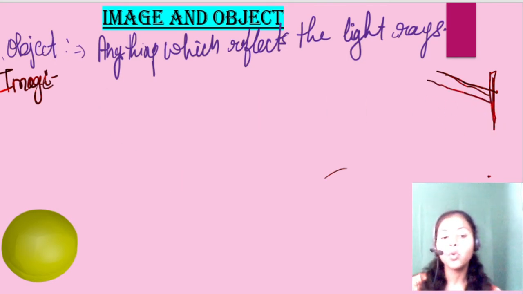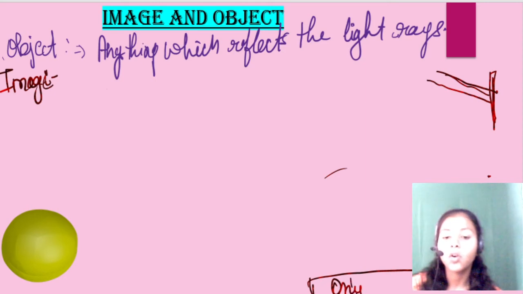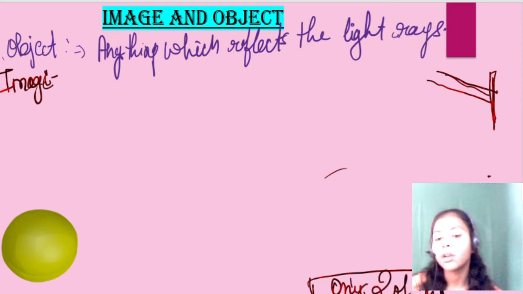We have to note that there are many light rays coming out from a source of light, but we have to consider only two of them.